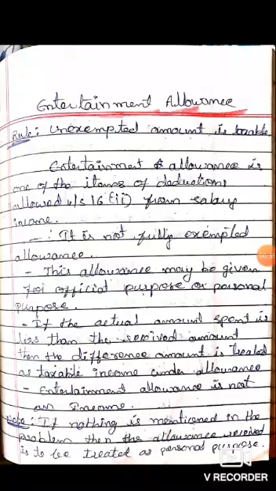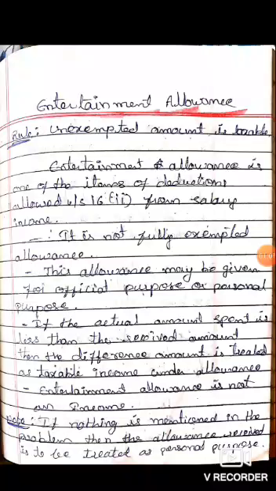Entertainment allowance is one of the items of deductions allowed under section 16(2) from salary income, of the Indian Income Tax Act 1961. According to that, this allowance is given as deduction, but the unexempted amount is taxable. It is not a fully exempted allowance.